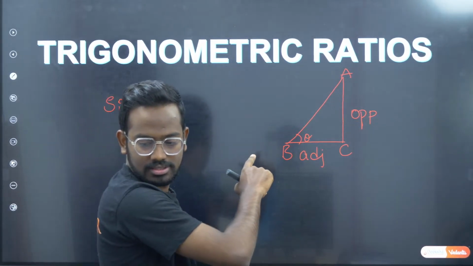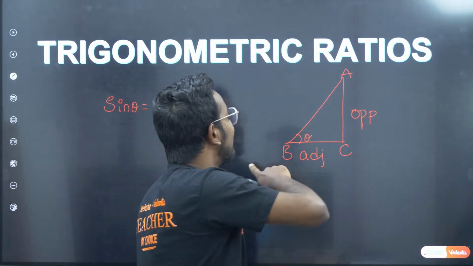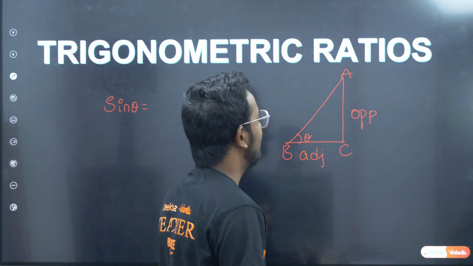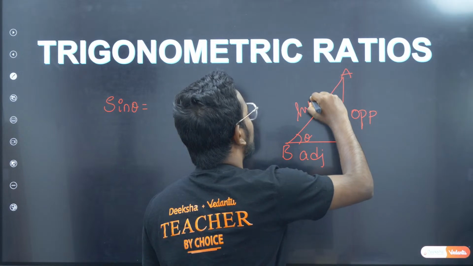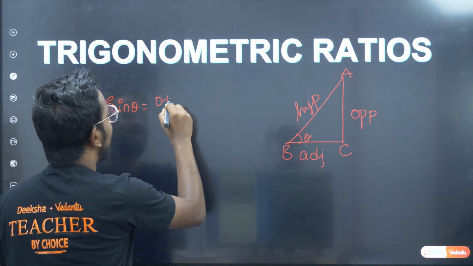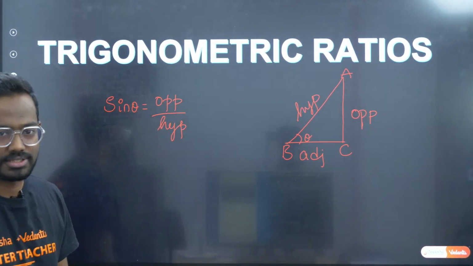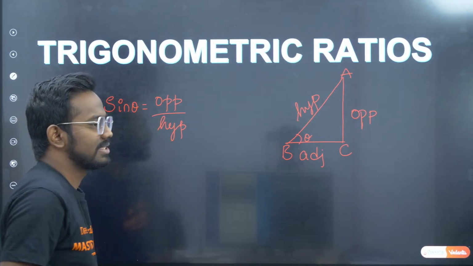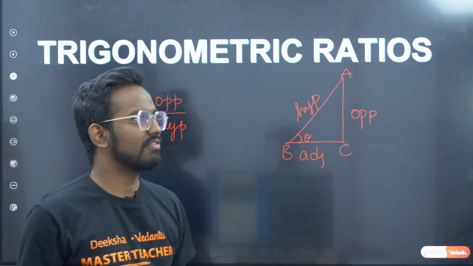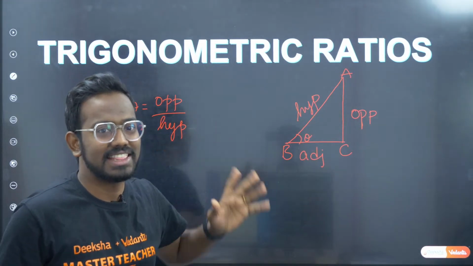And AB is the hypotenuse. You already know these things. Sine theta is opposite by hypotenuse, so please remember this. Whenever you want to find some opposite side, think of sine theta.